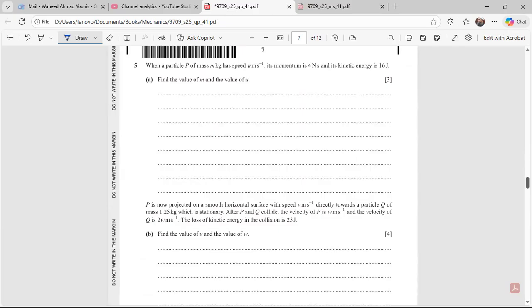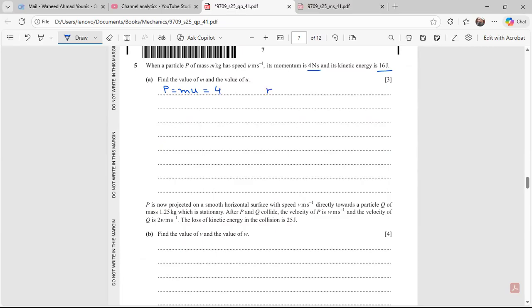This is about momentum. When the particle P of mass m kilogram has a speed u meter per second, its momentum is 4 Newton second, its kinetic energy is 16 joule. Find the value of mass and its speed. So the momentum is given by mass into speed, and this is given as 4.